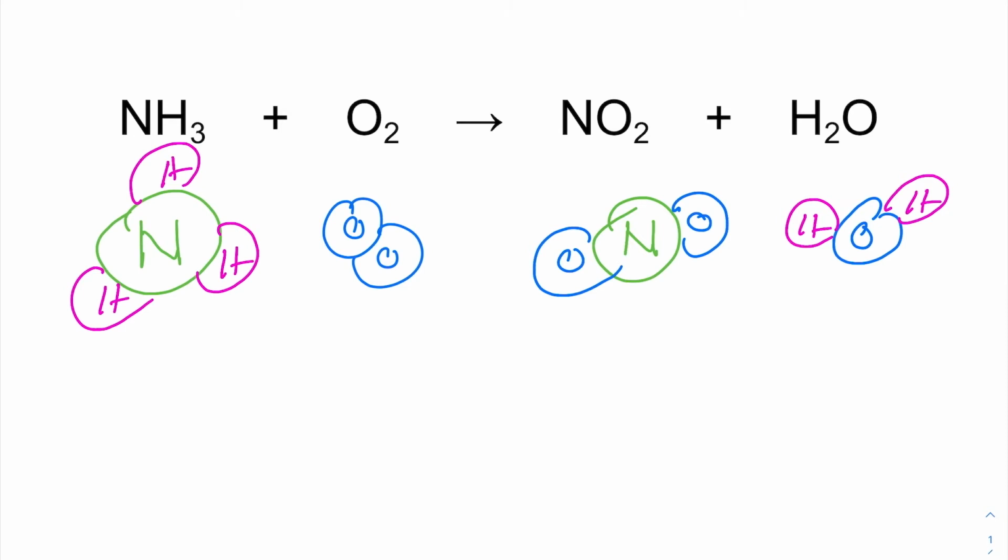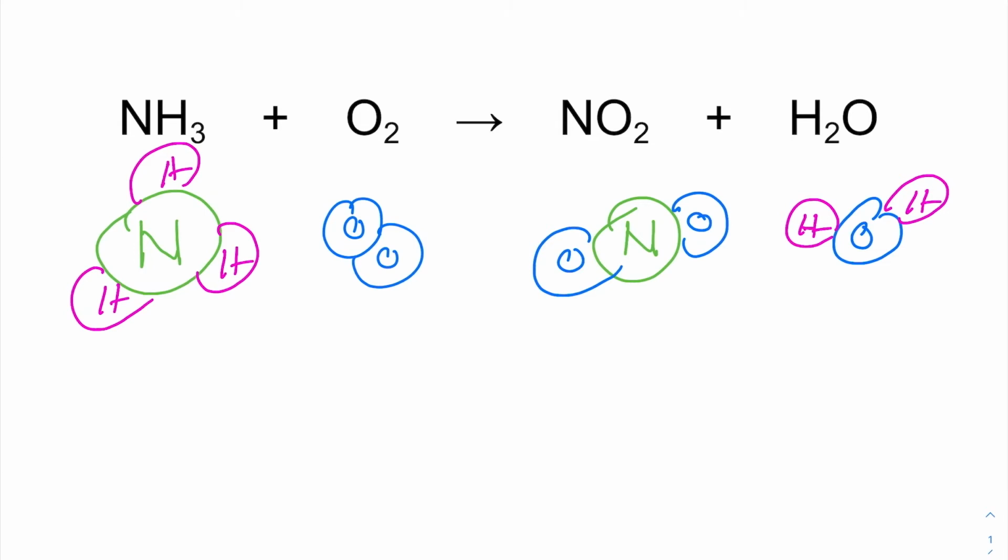We've got 3 hydrogens on the left, but only 2 on the right. I've got 1 nitrogen on the left and 1 on the right. They're good. Oxygens on the left, I've got 2, and on the right, I've got 3. When you're dealing with an individual element and the rest are compounds, like in this case, and in combustion reactions, do that individual element last.